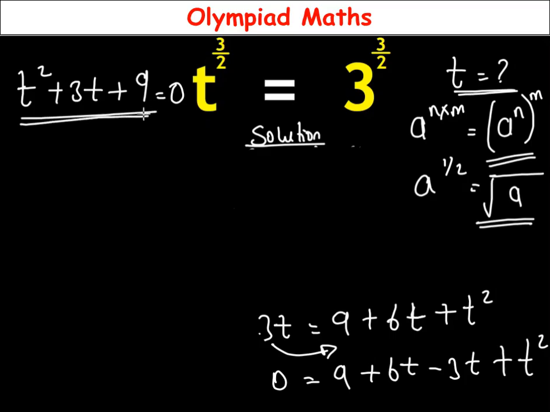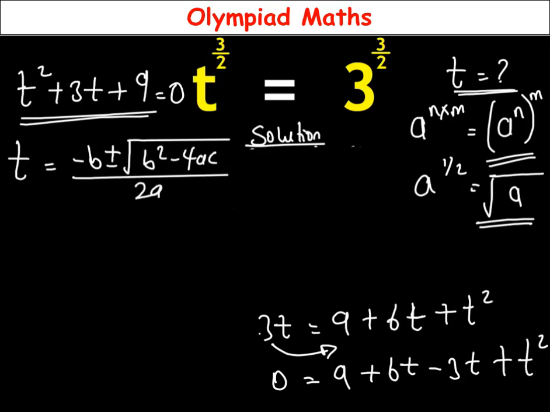Looking at this, what you have is a quadratic equation, and to solve this, we're going to make use of the quadratic formula. So the formula to solve for t is equal to minus b plus or minus square root of b squared minus 4ac, all over 2a.